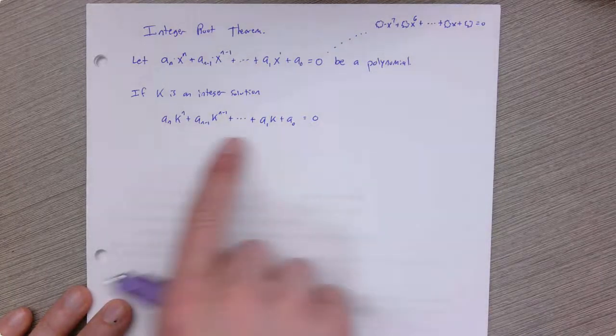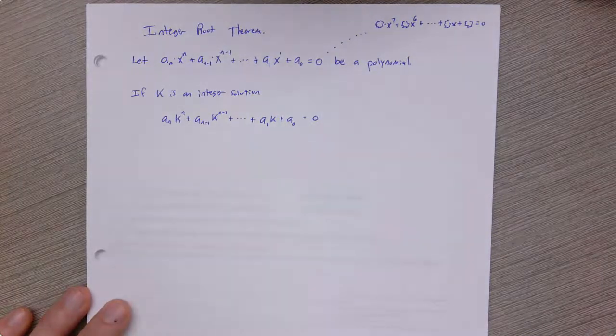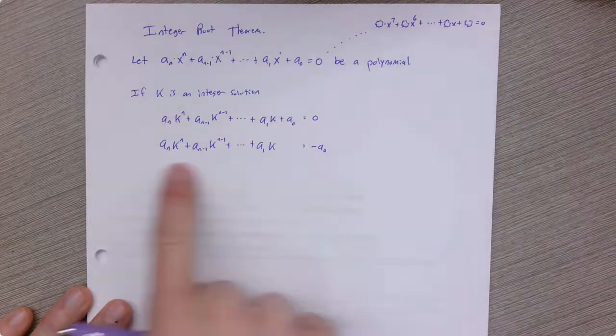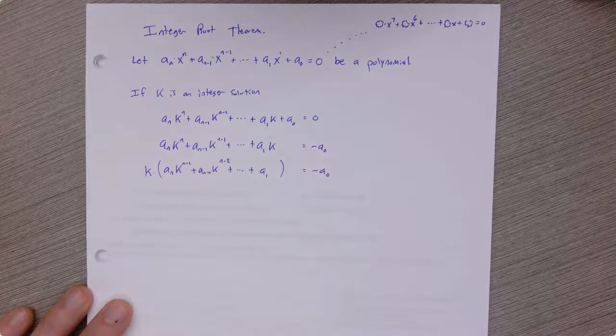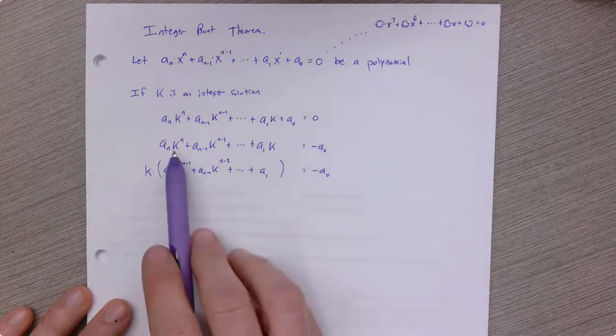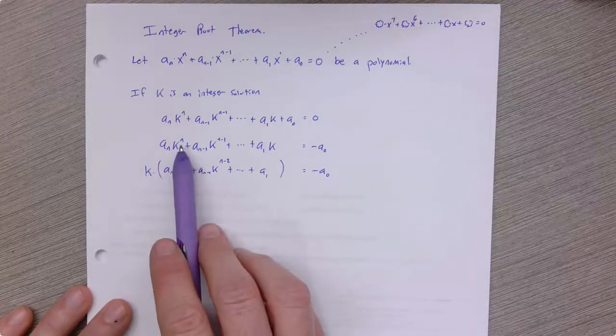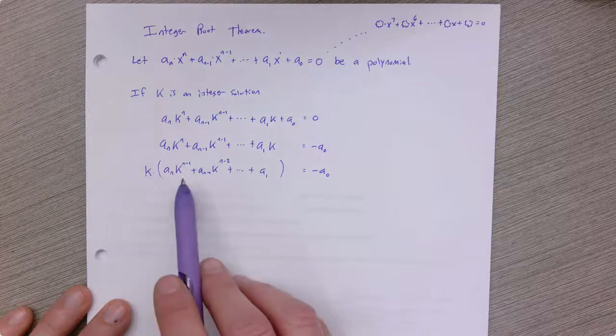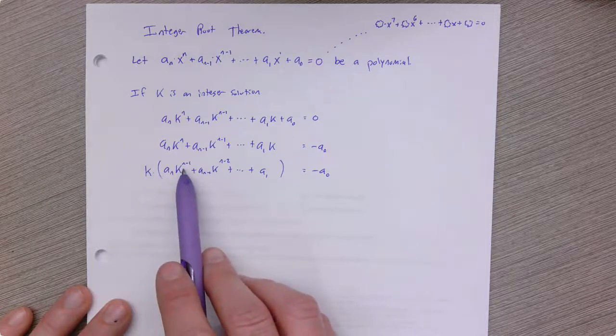So the next thing that we did was we moved the constant term to the other side. Then what we did was we factored a k out of all these terms. And just a note there, if I have n k's, so I have k times itself n times, and I take away one of those k's because I factored it out, now I have n minus 1 k's left over.